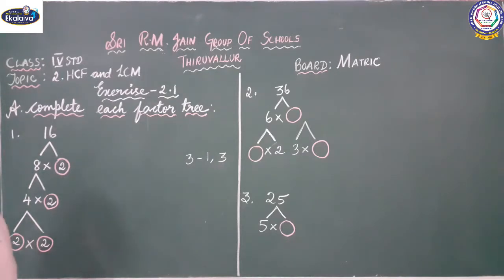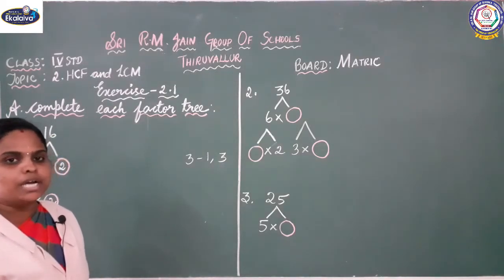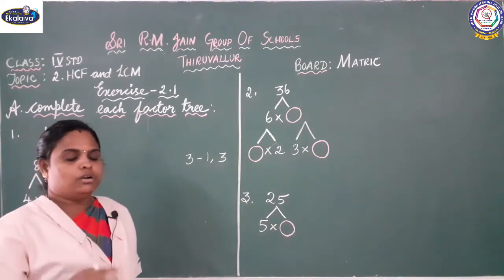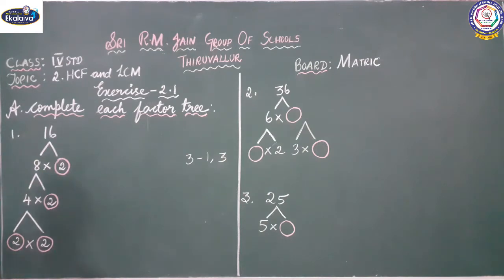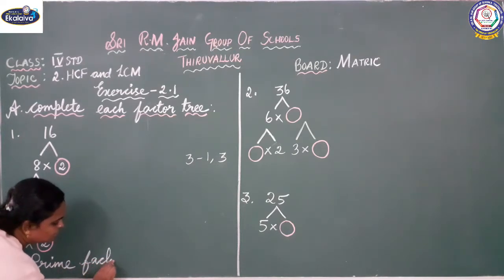We can't take 1. 4 1s are 4 also will come, but we can't take 4 into 1 because 1 is neither prime nor composite. Okay. So what are the prime factors of 16? We should write only the circled numbers.